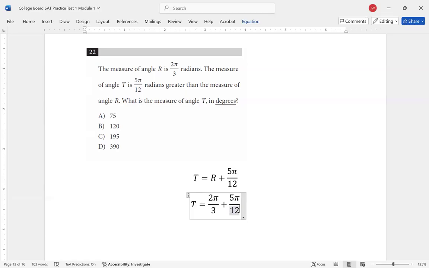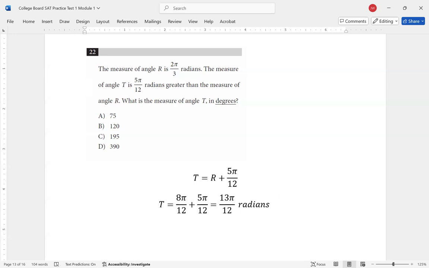You can do that by hand by realizing that 2 over 3 is the same thing as 8 over 12, or you could use your calculator and say, what's 2/3 plus 5/12? And either way, you'll get 13 twelfths. So the angle in radians is 13 pi over 12.